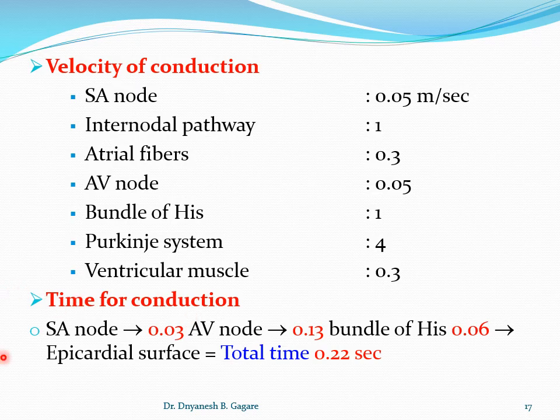So normal conduction time from the SA node to the AV node is 0.03 second. The delay in the AV node is 0.13 second. Then in the bundle of His, once the current has reached the bundle of His, from the bundle of His to the epicardial surface, I told you the total time is 0.06 second.